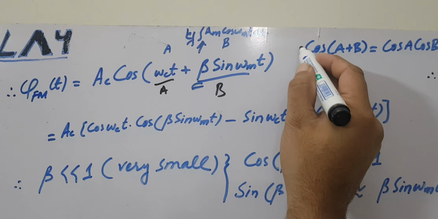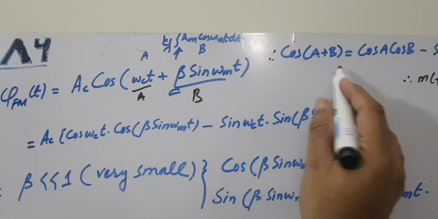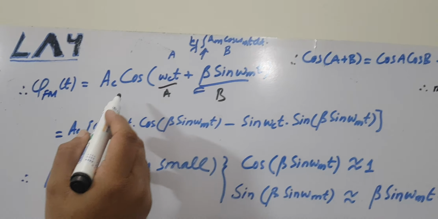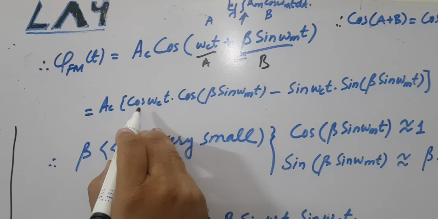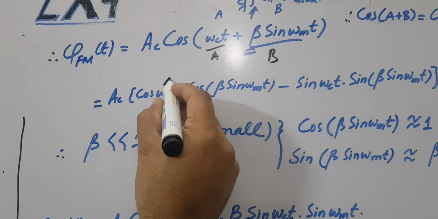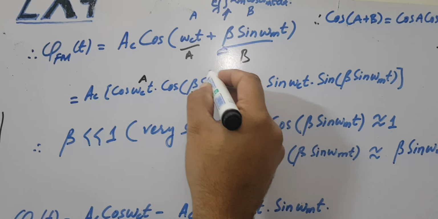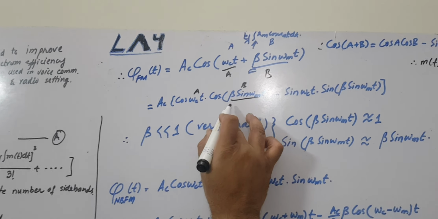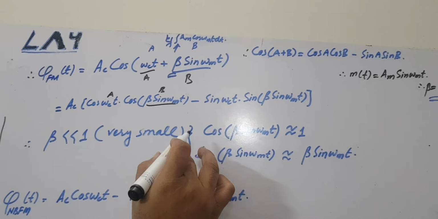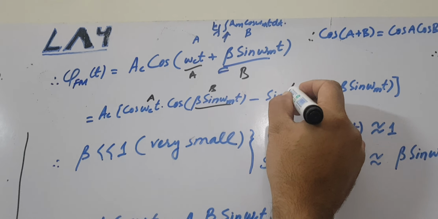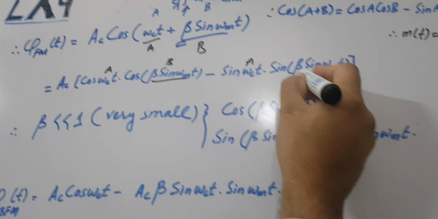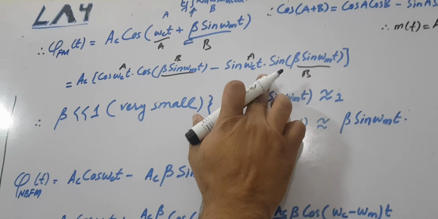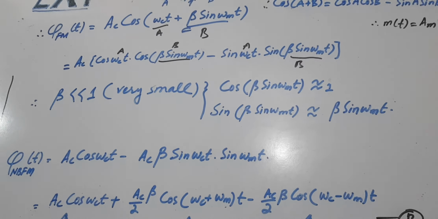So you can use this trigonometric formula again: cos(A plus B) is equal to cos A cos B minus sin A sin B. So cos A is cos omega ct, cos B is cos(beta sin omega mt), minus sin A, which is sin omega ct, multiplied by sin B, which is sin(beta sin omega mt).